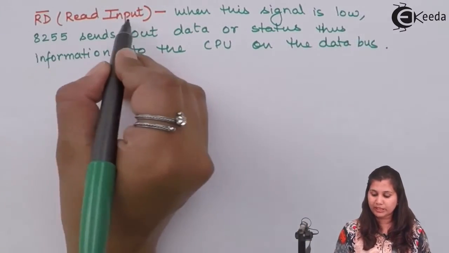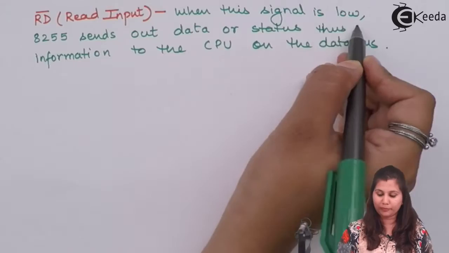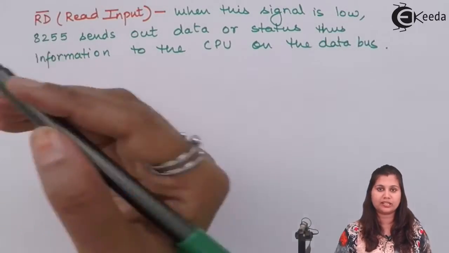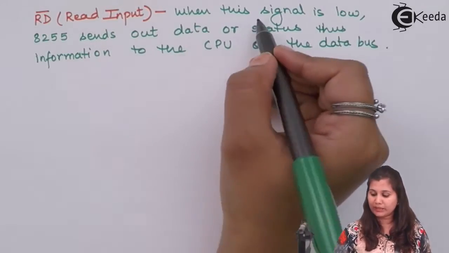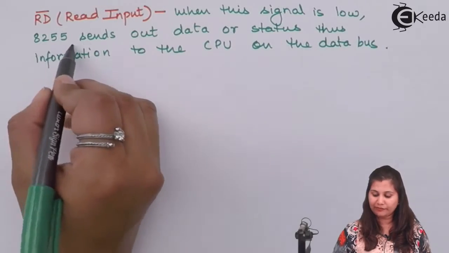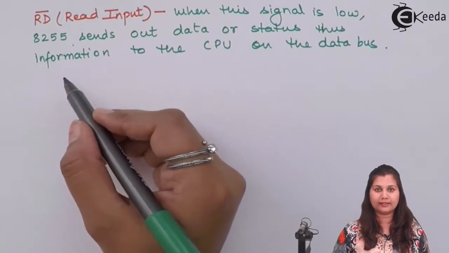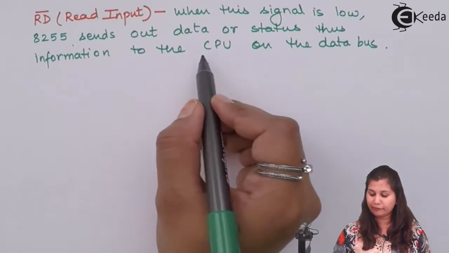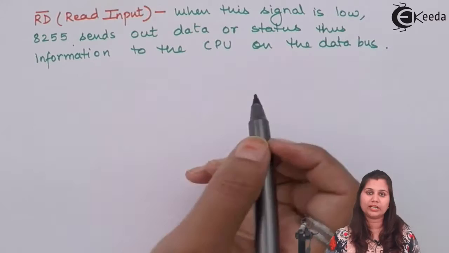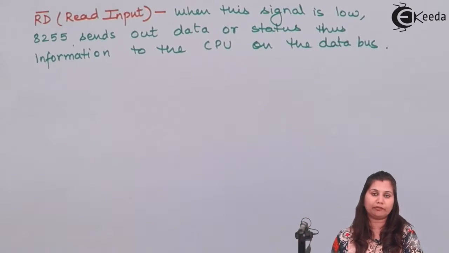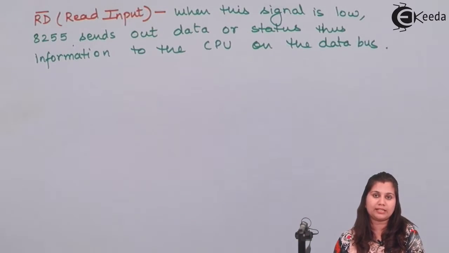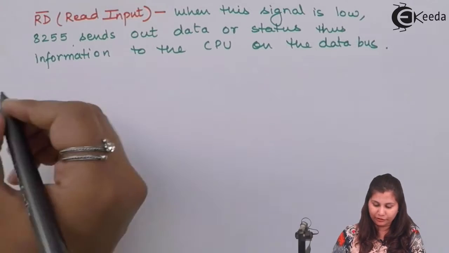When this signal is low, because we have a bar over it, so it's again an active low signal, the 8255 will send out data or status, or we can say it is sending information to the CPU on the data bus. It is providing the information to the central processing unit and sending out the data on the data bus. Okay, then we have read.